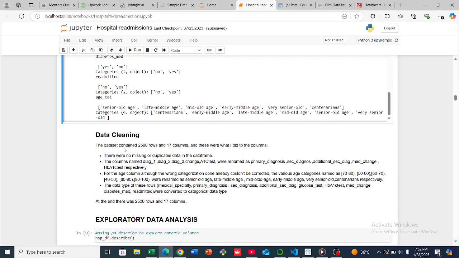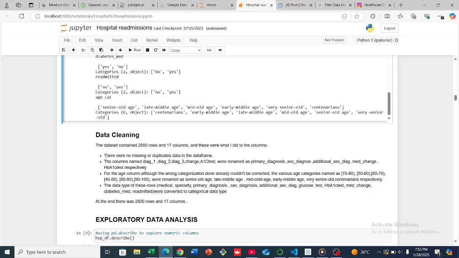So after my data cleaning, I gave a brief note in regards to those things I have done. I didn't just clean my data and move to the next stage, but I gave feedback on what I have done. So I said the data set contained 25,000 rows and 70 columns, and these were what I did to clean the columns.